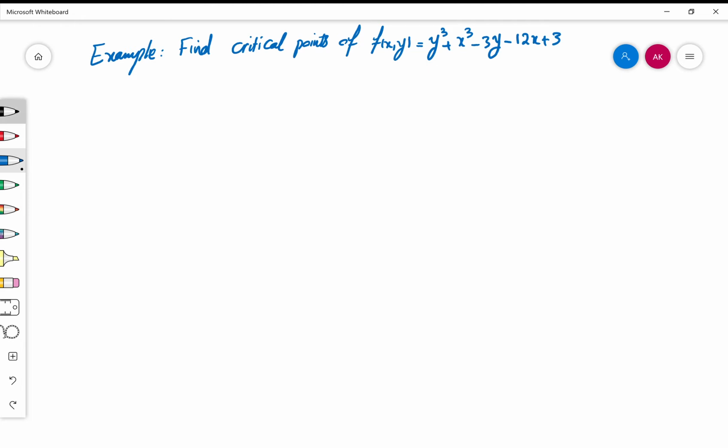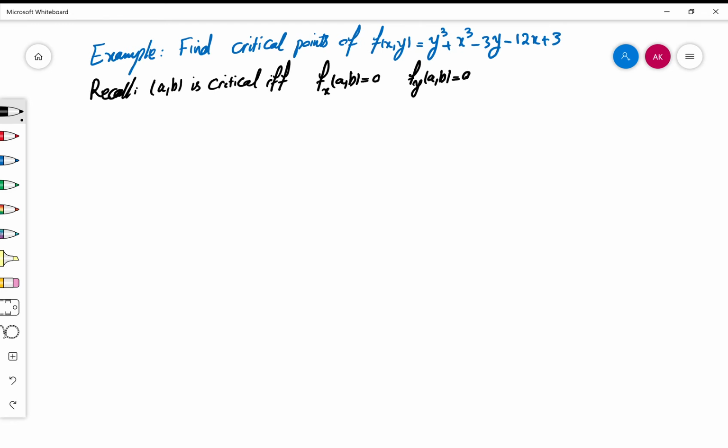Well, very nice. What do we know? Recall, a point (a, b) is a critical point if and only if the first partial derivatives with respect to x and with respect to y of that function at (a, b) are 0.